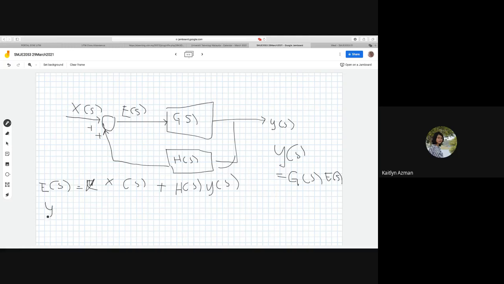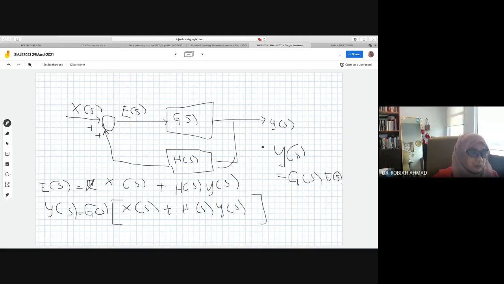So we have YS GS times ES, this one XS plus HS by S. Okay, so rewrite, usually when we rewrite in terms of output equal input.